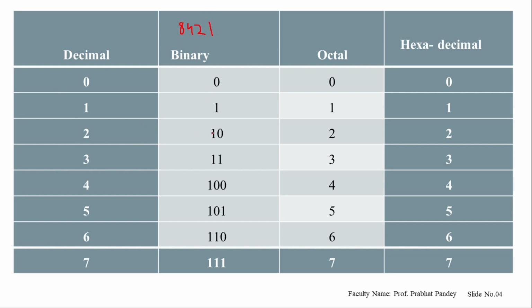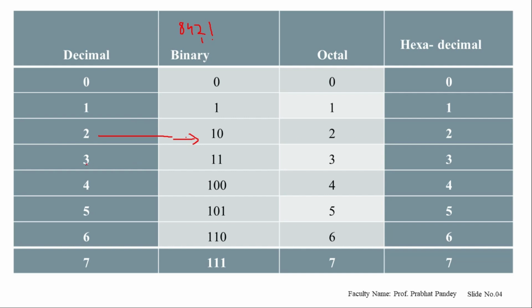For representing decimal 2 in binary, we need to make the second bit high and the first bit 0, so 1 0 needs to be represented here. In octal we represent 2 as 2, and in hexadecimal also 2.